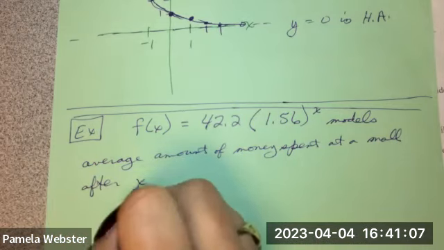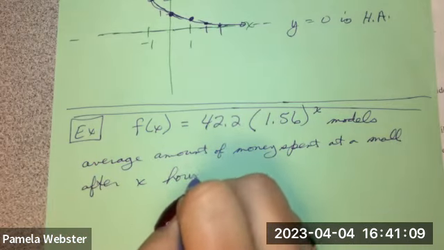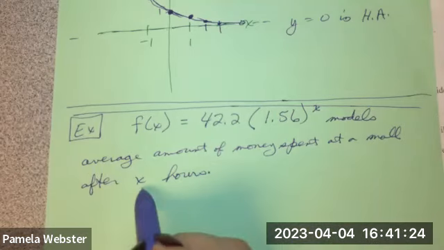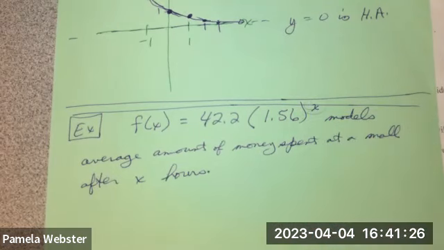Okay, so in other words, if you hang out at a mall 1 hour, 2 hours, 3 hours, how is that amount that you spend increasing? So this is a growth model where the variable is in the exponent, and the variable is the number of hours that somebody spends at the mall.